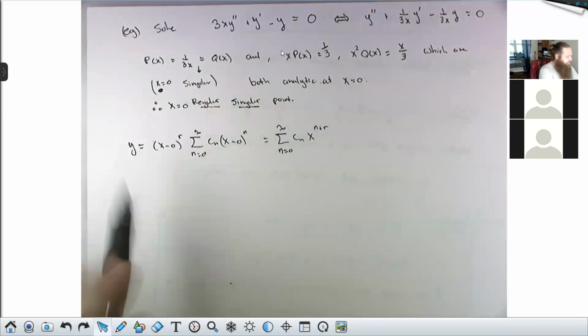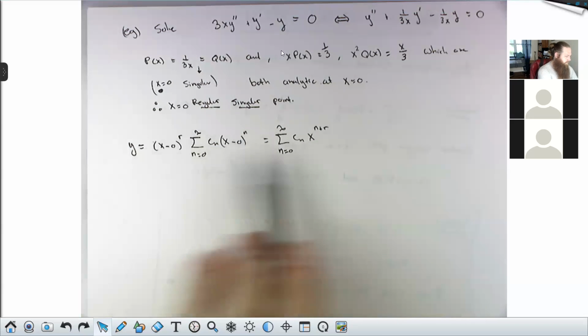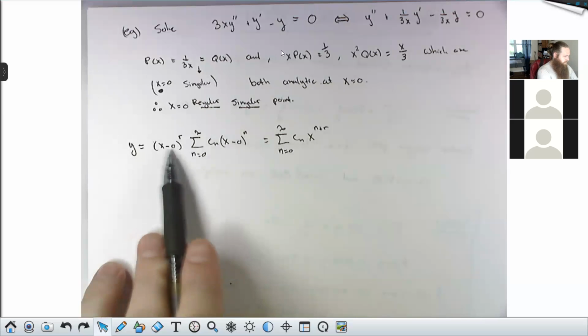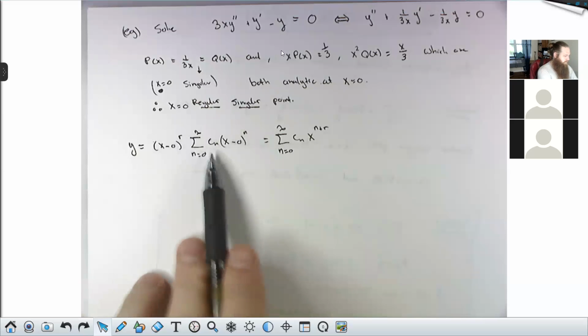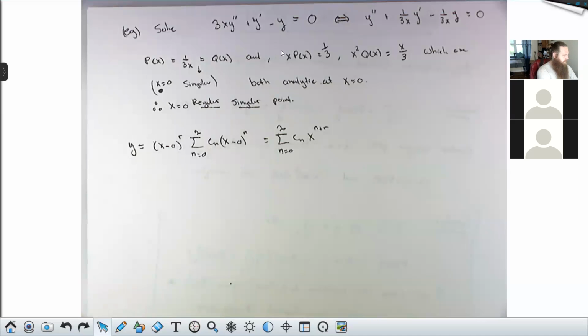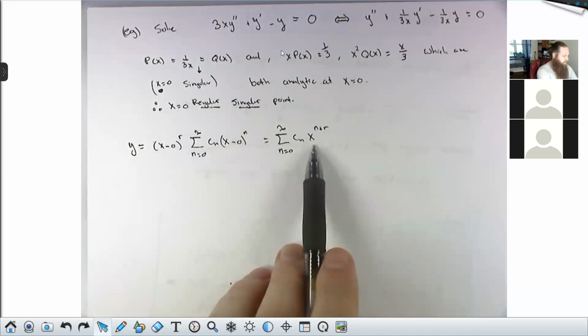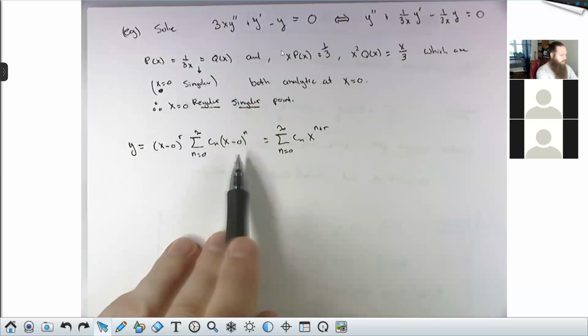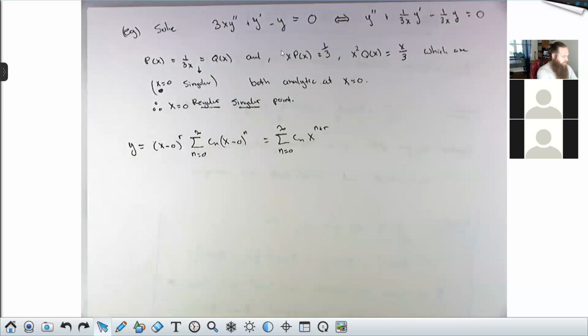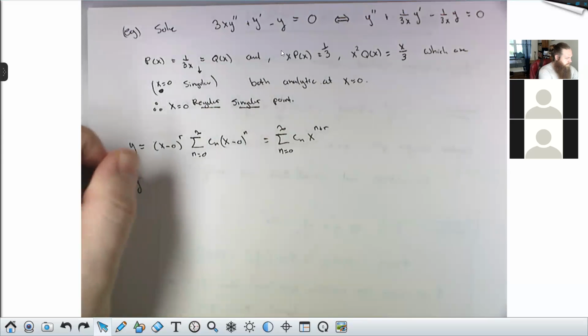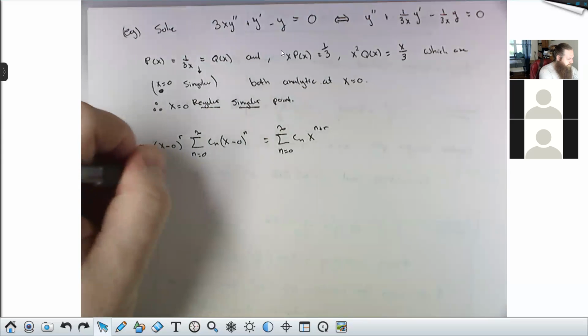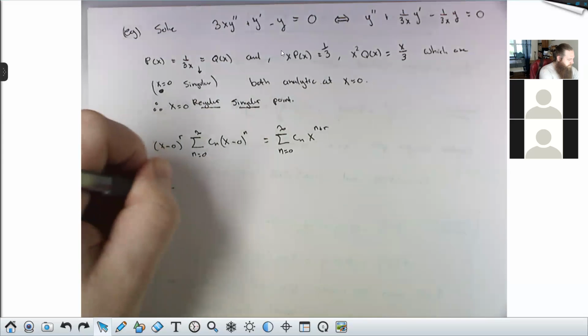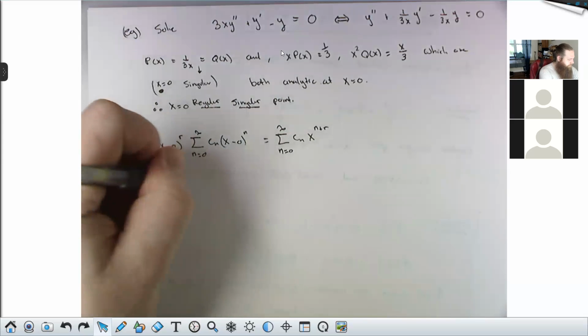So that means we can assume a solution of this form exists, right? x minus x naught to the r times the regular series c n x minus x naught to the n. I'm centering at 0, so it's just x to the r out front and x to the n inside. x to the r times x to the n is x to the n plus r. y prime then is sigma n from 0 to infinity.